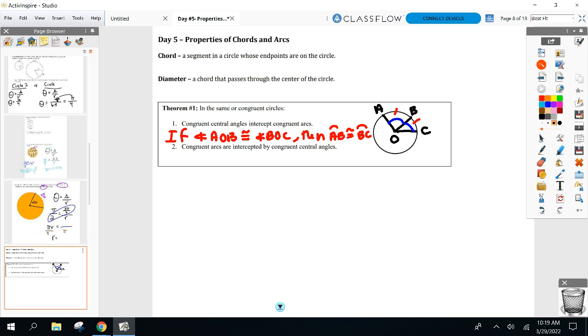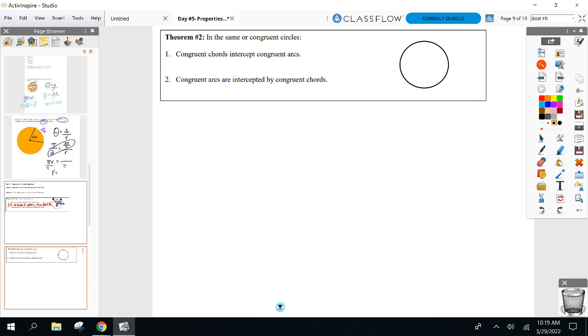All right, good deal. Second diagram, theorem 2. Again, circle O for me. Can you please draw in chord AB? Anywhere you want. Chord AB.